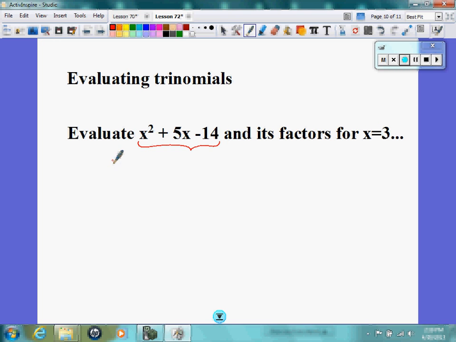Everywhere I have a variable, I put a set of parentheses. 3 goes in here, plus 5, 3 goes in here, minus 14. 3 squared is 9, plus 15, minus 14. Well, 15 minus 14 would be 1, and 1 plus 9 would be 10. So that should be our answer, but let's factor this trinomial and see if we get the same thing.